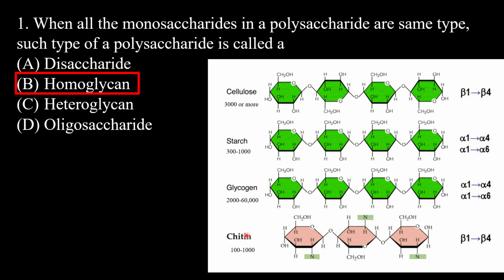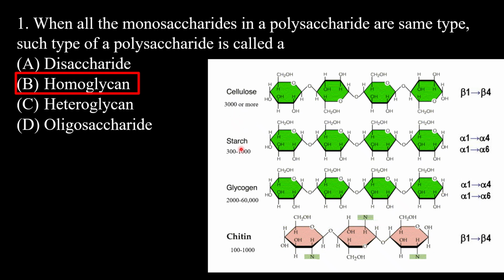These are made up of glucose units. Cellulose, starch, glycogen, and chitin, all these are made up of glucose units. Means all the units are glucose. But they are different from each other because the number of glucose units present in them is different. In cellulose, the number of glucose units varies from 3000 and it may be more than that.